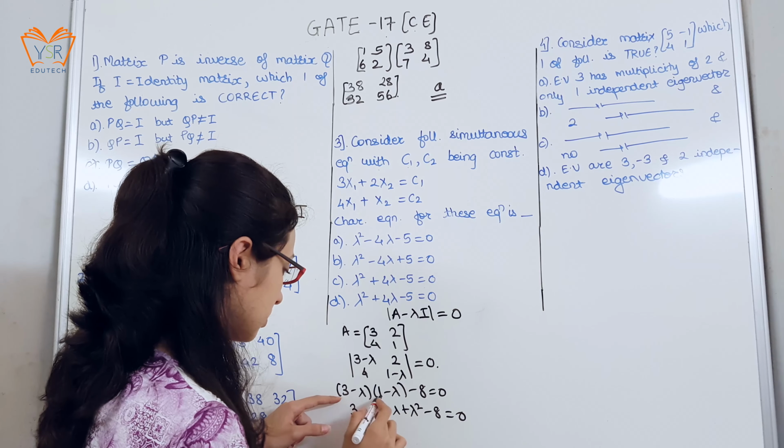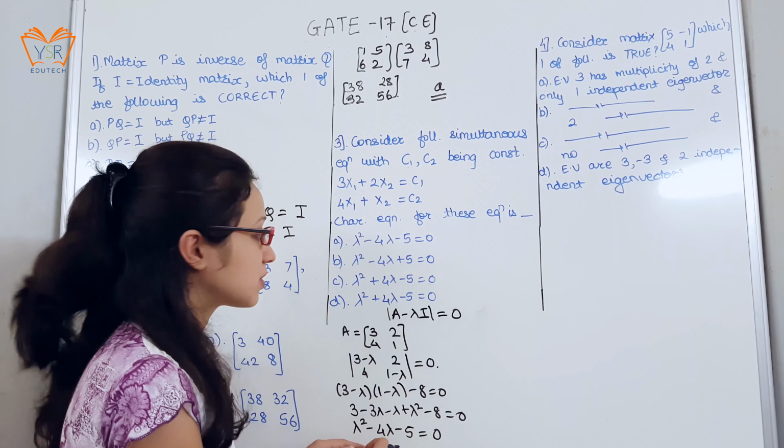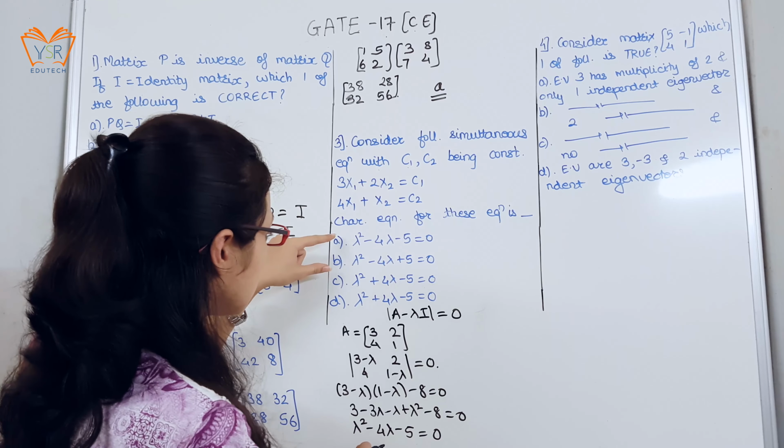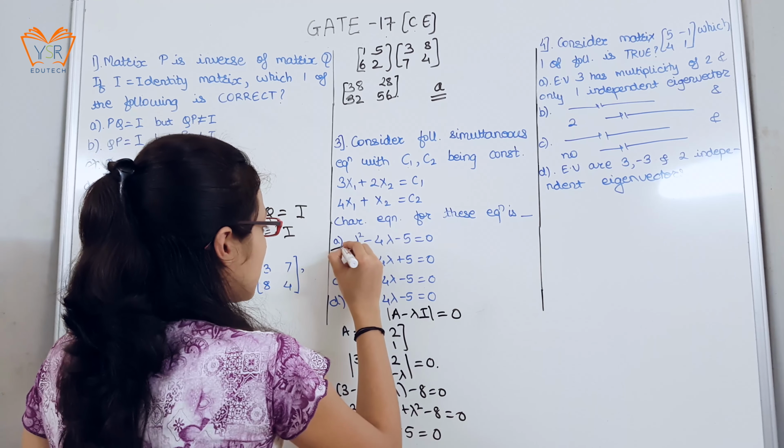So the equation is lambda square minus 4 lambda minus 5 is equal to 0. So this is the characteristic equation. Let us compare this with the given options. So option A is correct.